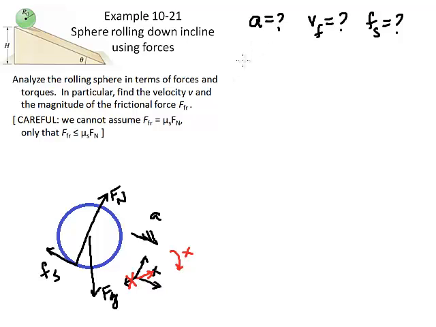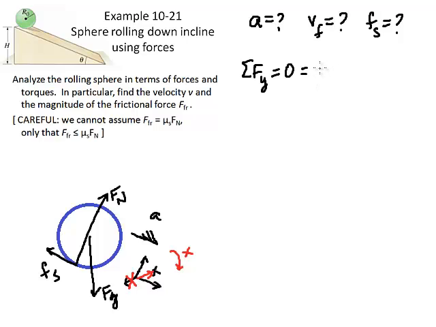So we're going to start by writing our sigma F statements, and then eventually we're going to have a sigma torque statement. We'll start in the y direction. Sigma F in the y direction is equal to 0. Acceleration in the y direction, or off of the ramp, is equal to 0.